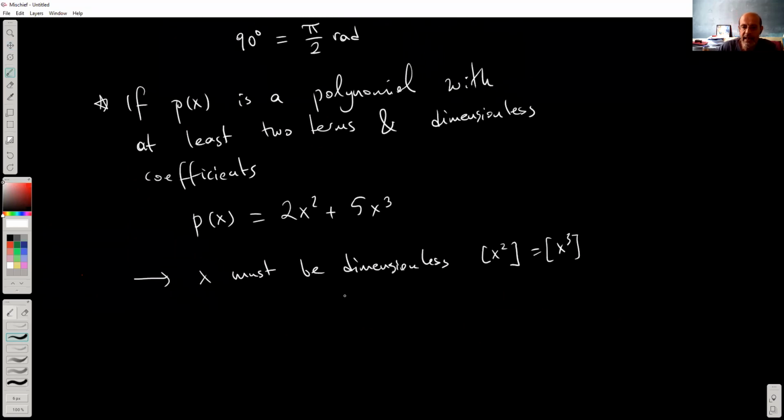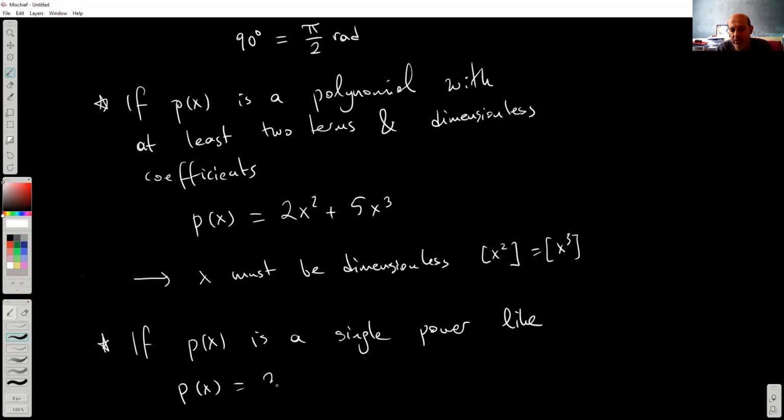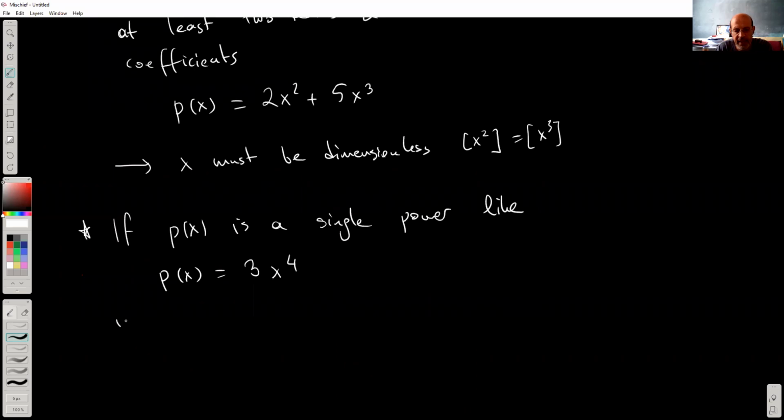Okay. In any case, for most functions, therefore, the arguments should be dimensionless, even for these kinds of simple polynomials. But for the power function, let's say it like this: if p of x is a single power, for example, p of x is equal to 3x to the 4, just the 4th power, then x may have a dimension.